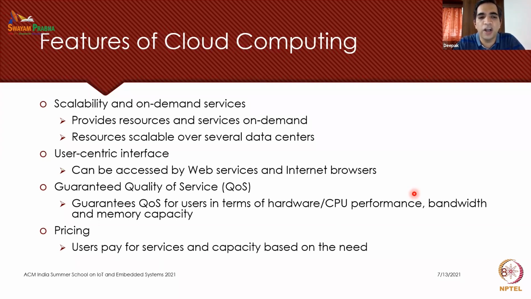And of course, scalability means that based on your requirement at a particular point in time, and the kind of agreement that you have with the cloud provider, your resources could be scaled.